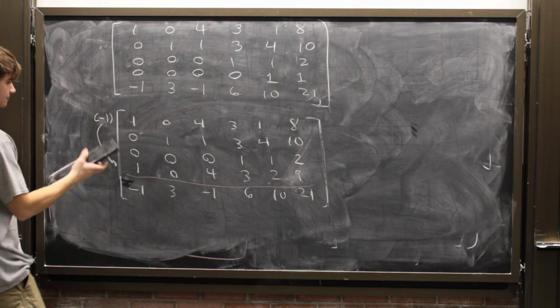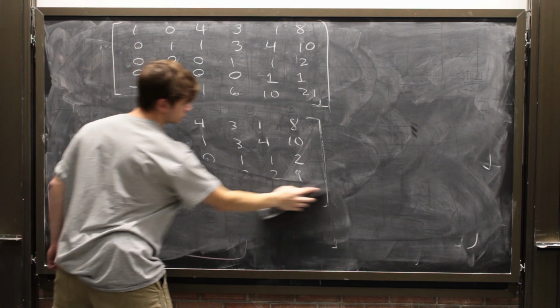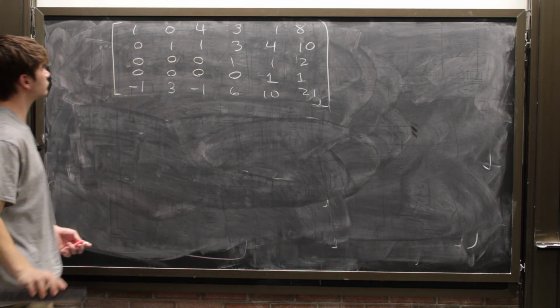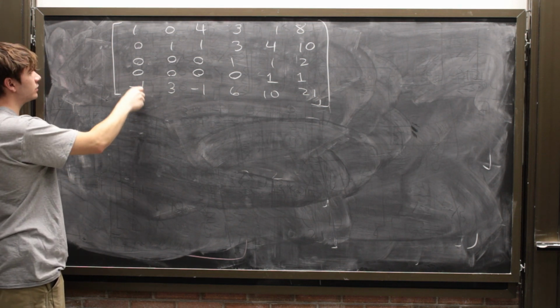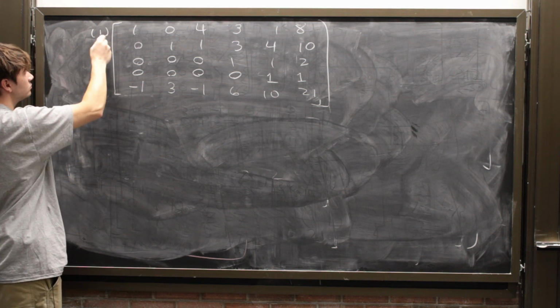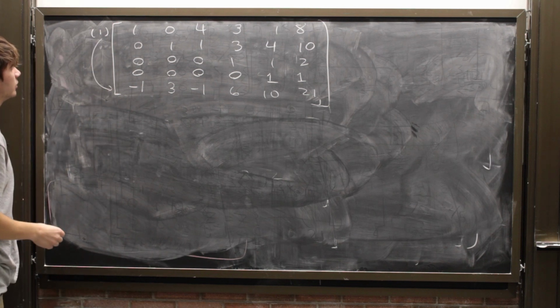All right. Now finally, to get rid of this negative 1, I'm going to multiply this row by 1 and add it into the bottom row.